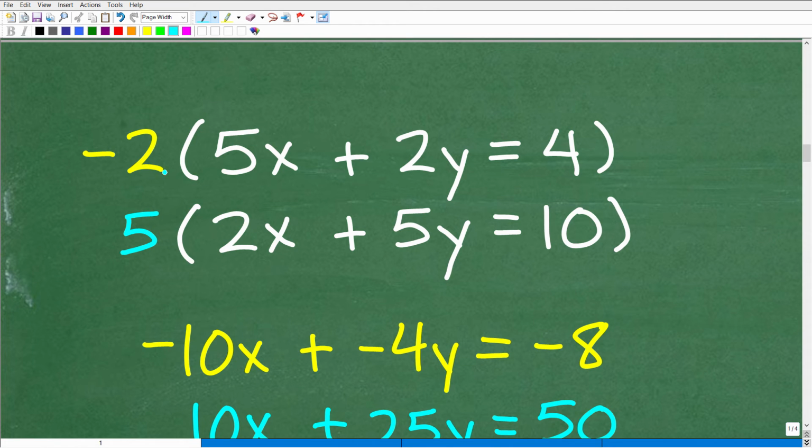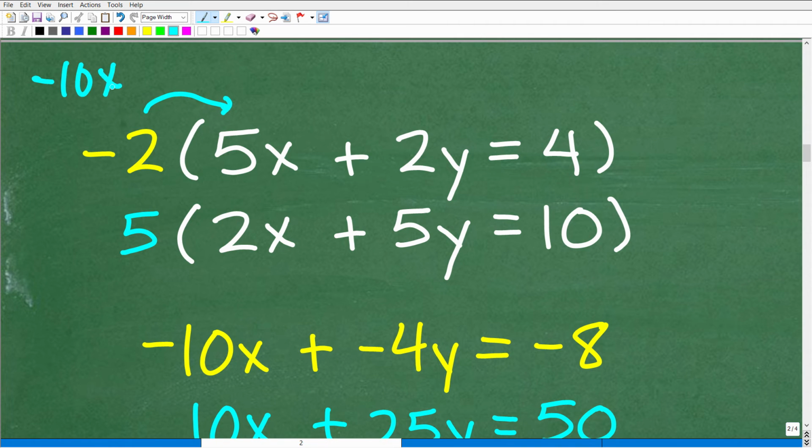So I'm going to multiply the first by a negative 2, and by doing that, this right here is going to give me a negative 10x, and then I'll multiply a 5 by the second equation. This and that 5 times this 2x will give me a positive 10x, and this will be my opposites, right? Then I can get rid of the x variable. So you can pick either the y variable to get rid of or the x variable to get rid of, but what you need to do is manipulate one or both of the equations to create opposites.